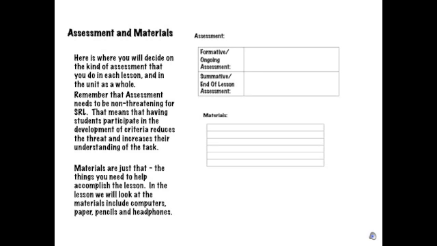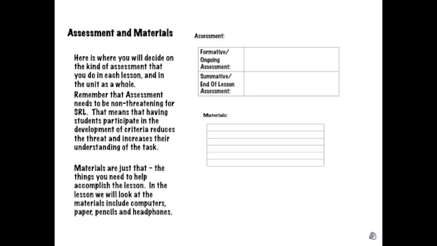And finally, in the assessment and materials section, I've put them together here because really this is where you're going to plan your assessment and the kind of assessment you want to do in the lesson individually and in the unit as a whole. But remember that assessment needs to be non-threatening for SRL. That means often it's as simple as having the students participate in the development of criteria.